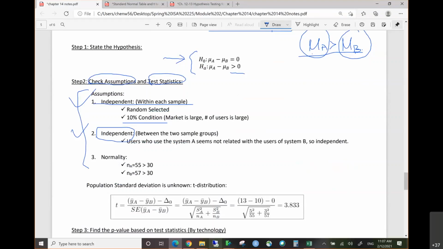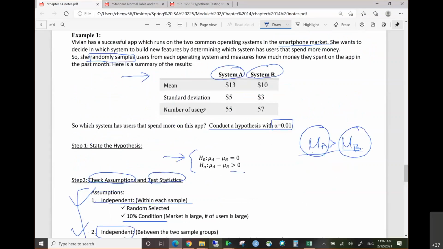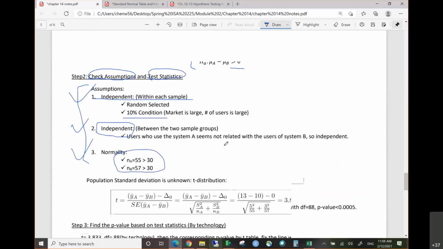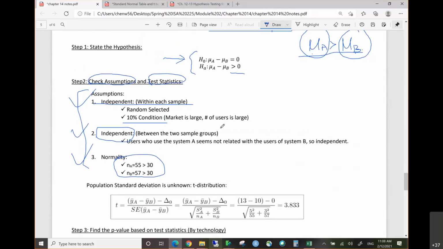The next one, normality. That means we need to make sure both sample sizes are larger than 30. So we have sample sizes, which are the numbers of users, 55 larger than 30, 57 larger than 30. Both are larger than 30, checked. All right, so once we check the assumptions, we can calculate the test statistic by formula.